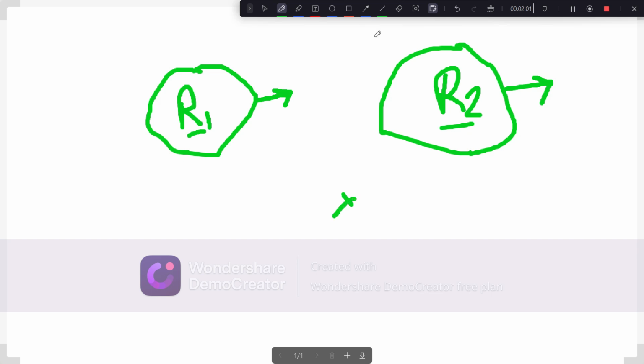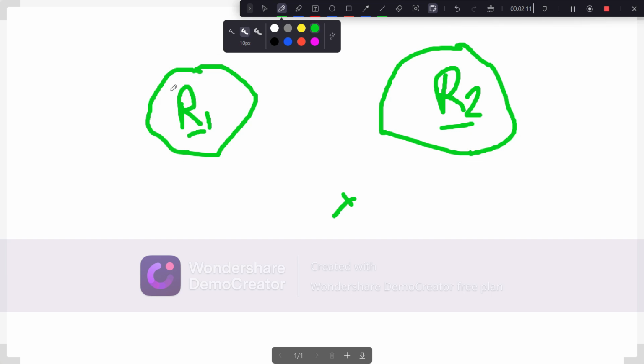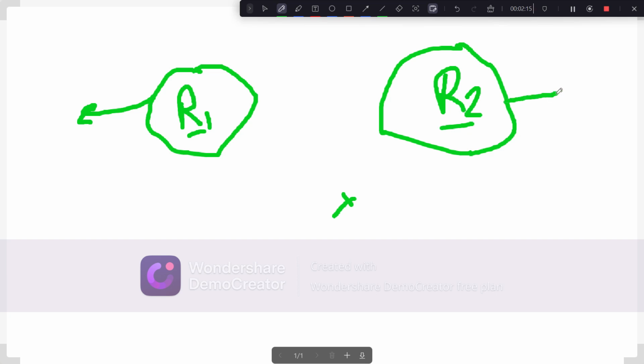Also, if they are going in opposite directions but not pointing towards the same point, then also they will not collide. For example, if this guy is going to left and this guy is going to right, they are going in opposite directions, still they are not colliding, right?